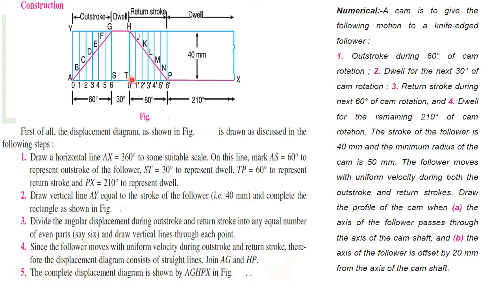Mark T to P and divide it into six equal parts, and draw vertical lines passing through 0', 1', 2', 3', 4', 5', 6'. Similarly, in the out stroke, draw vertical lines through 1, 2, 3, 4, 5, 6.